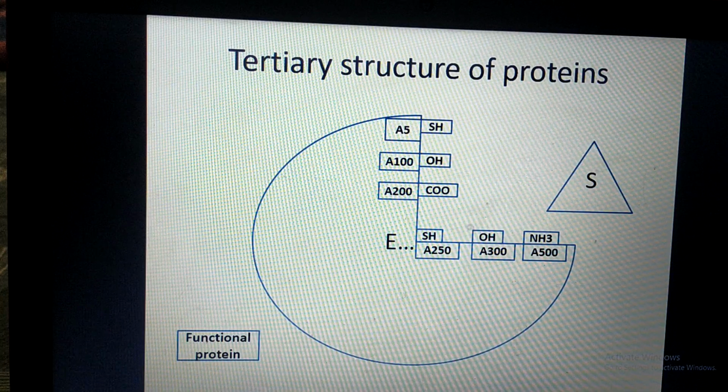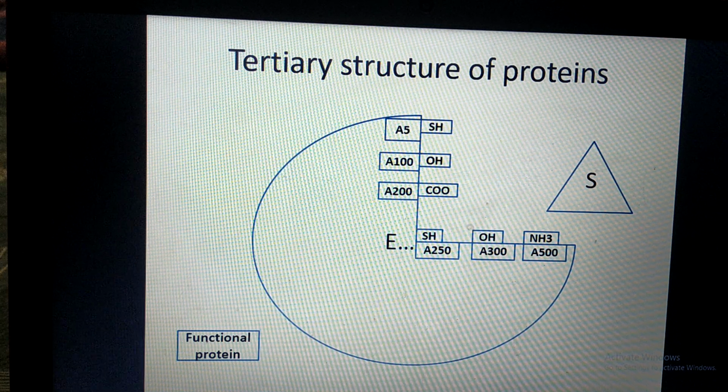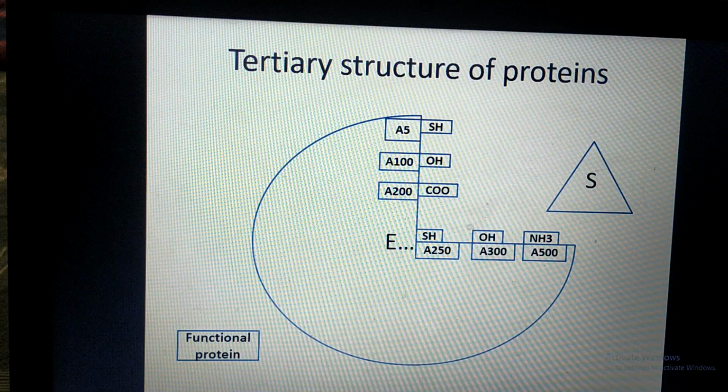So here is a diagrammatic representation of an enzyme protein, and you will see many different amino acids with their functional groups have come close to each other at the active site of the protein, and actually these amino acids are far away from each other.